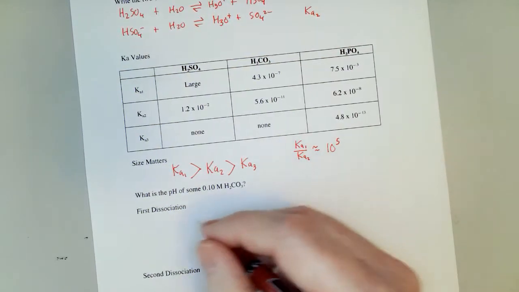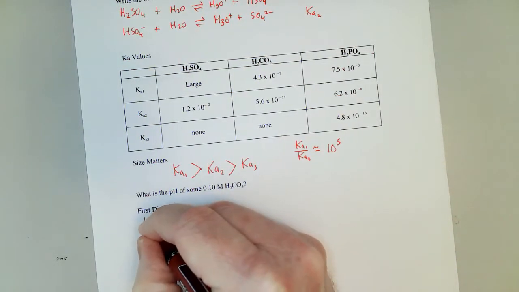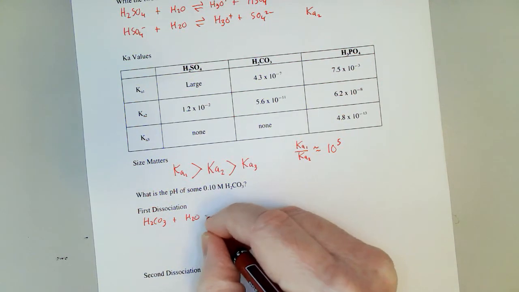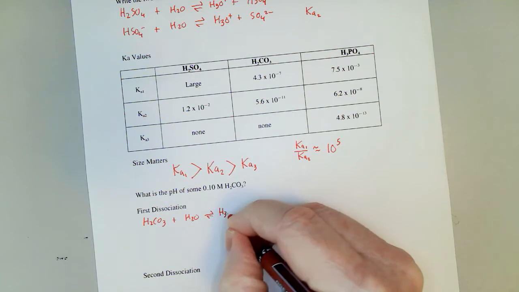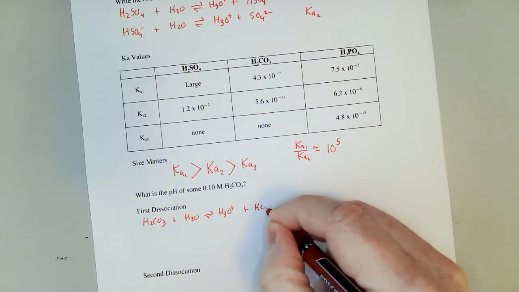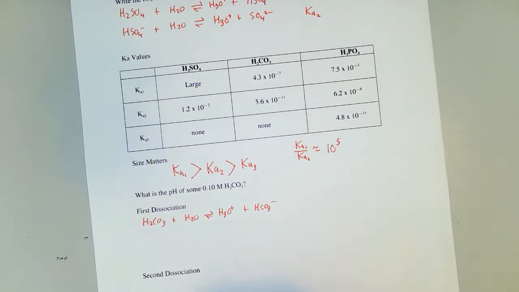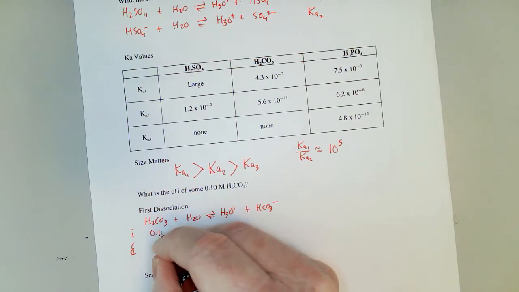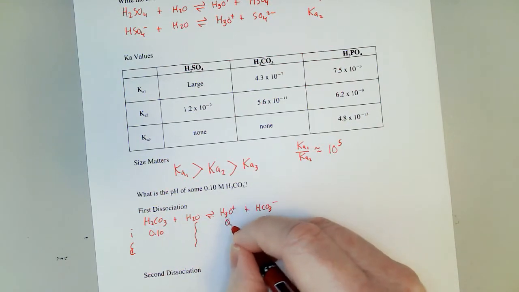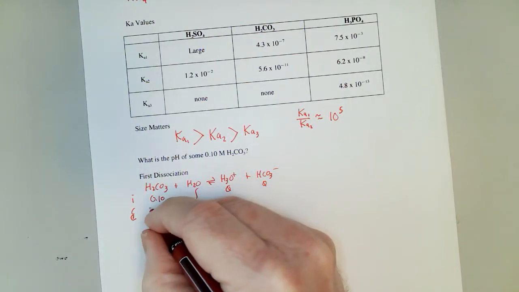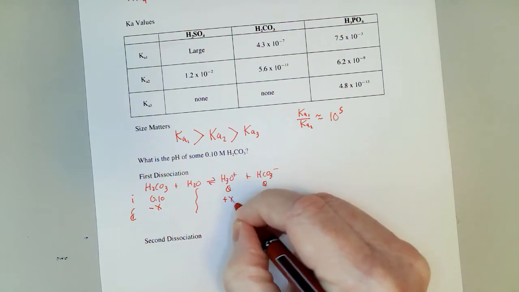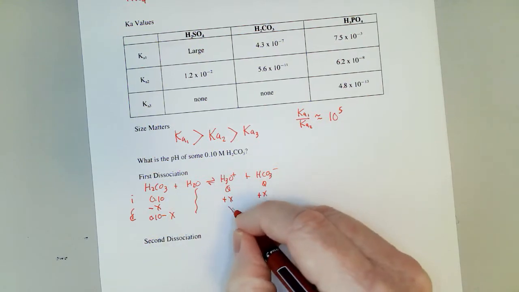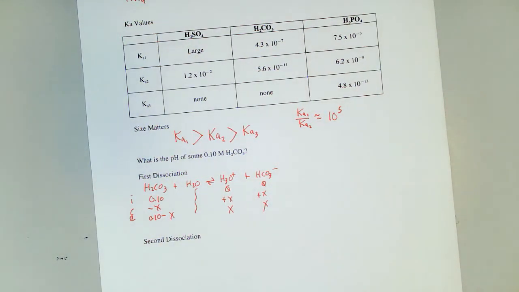So for H2CO3, 0.10 molar, let's look at this first one. H2CO3 plus H2O gives me H3O+ and HCO3-. I'm going to do an ICE box here, nothing special really. 0.10, 0, 0, minus X, plus X, plus X. 0.10 minus X and X are those totals.